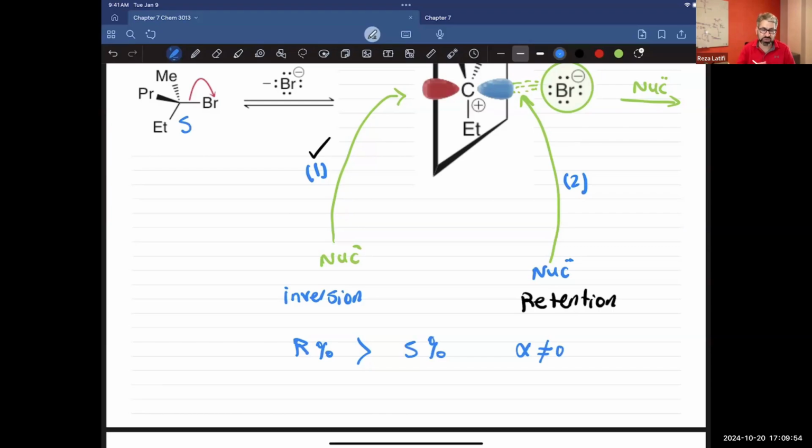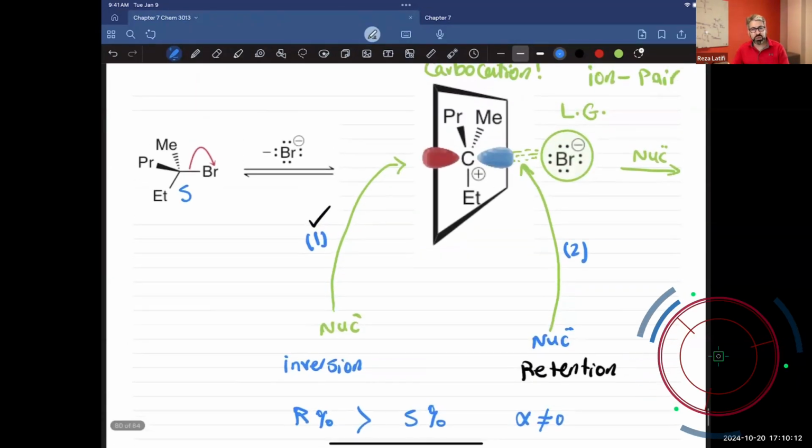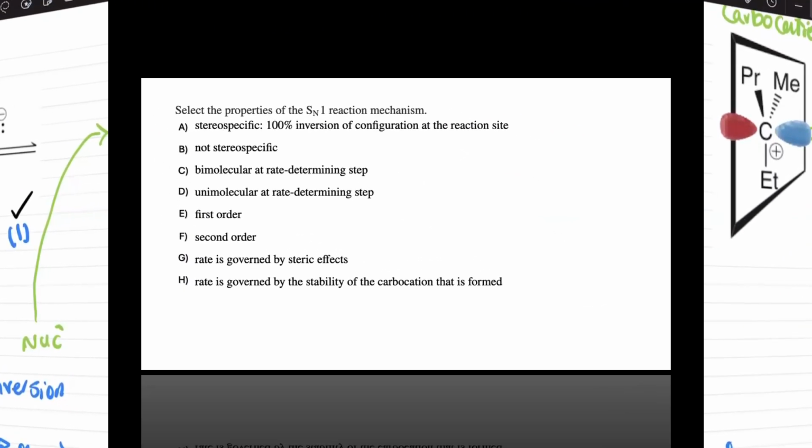You will have some enantiomeric excess from one of the enantiomers, and R is going to be the one with the higher percentage. That's the stereochemistry of SN1 or E1.